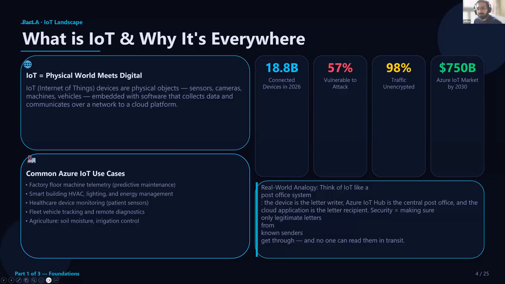What makes this unique is the physical dimension. These devices are deployed in factories, hospitals, buildings, vehicles, and remote sites, often in publicly accessible locations with no IT staff nearby. Some run for 10 to 20 years on the same firmware and often cannot be patched remotely. They may have constrained hardware, a small microcontroller with kilobytes of RAM, not a server.